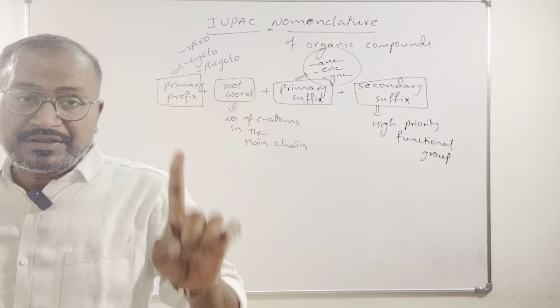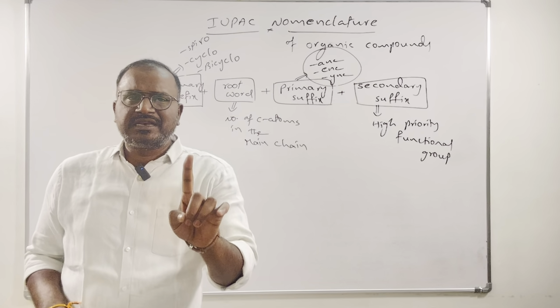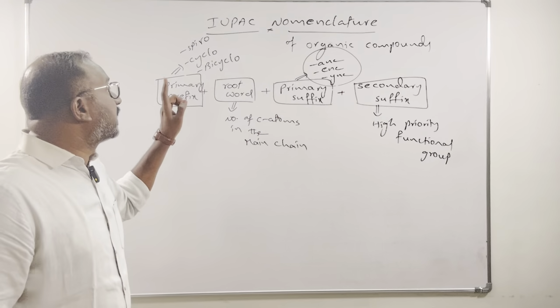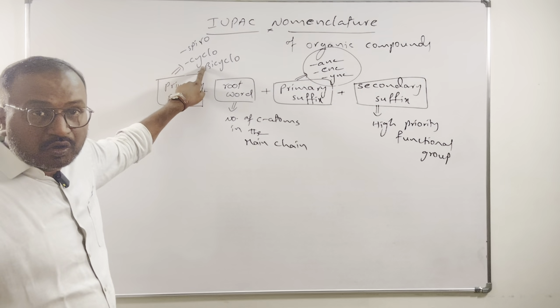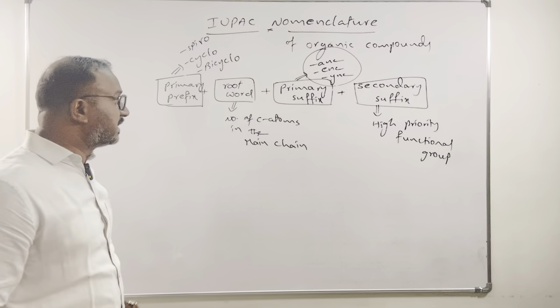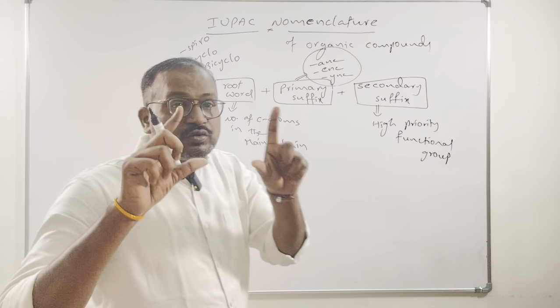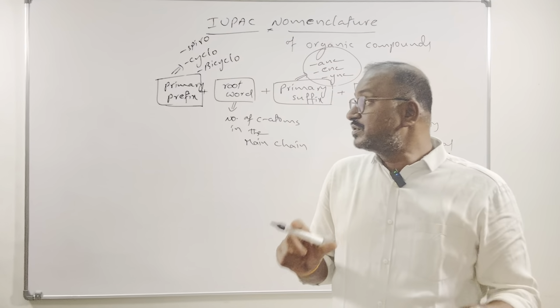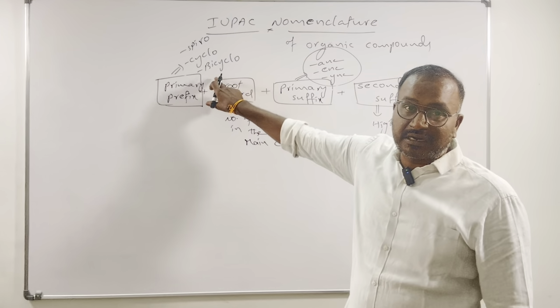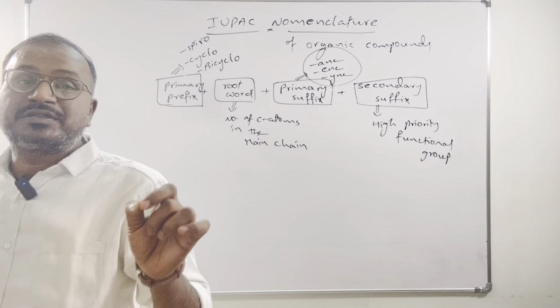If the organic compound is monocyclic in nature, we write the primary prefix as cyclo: cyclopropane, cyclobutane, cyclopentane, cyclohexane, like that. If it has two cyclic rings linked by two carbon atoms, bicyclo should be there as the primary prefix.